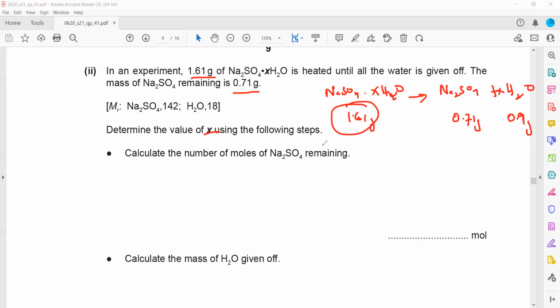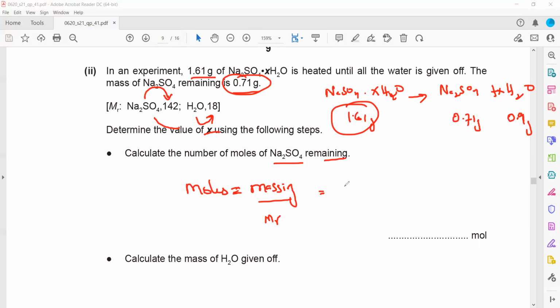Determine the value of X using the following steps. Calculate the number of moles of sodium sulfate remaining. So what is the mass of the remaining sodium sulfate? 0.71. And they give you the molar mass of sodium sulfate as 142, and for water it is 18. So we'll use the formula: moles equal mass in grams divided by molar mass.